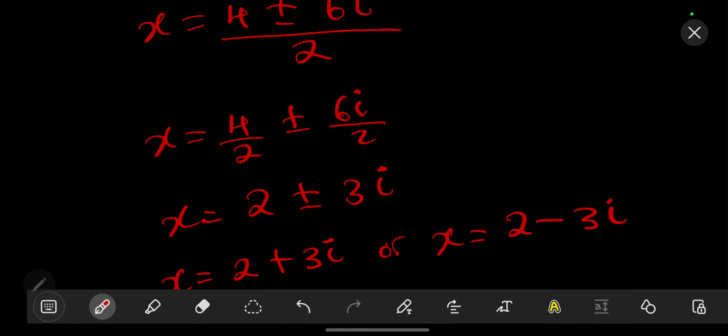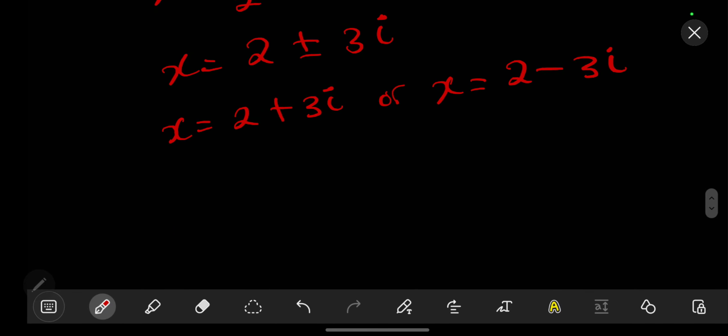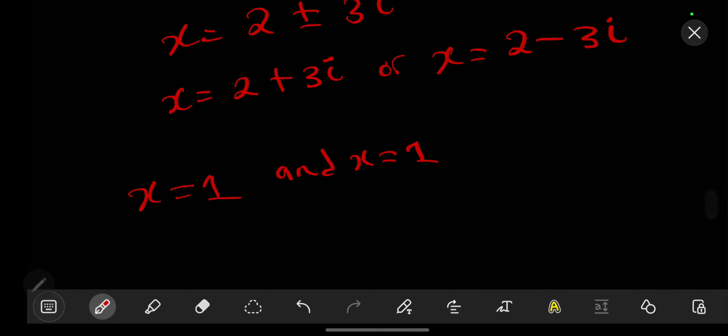So this is how we find the values. That is how we go about that.